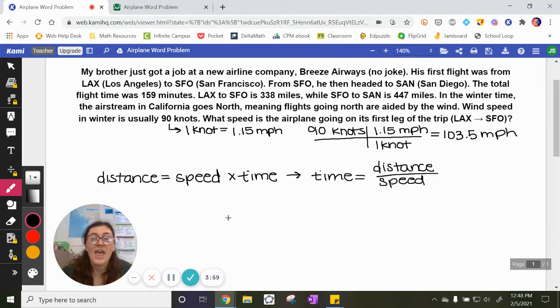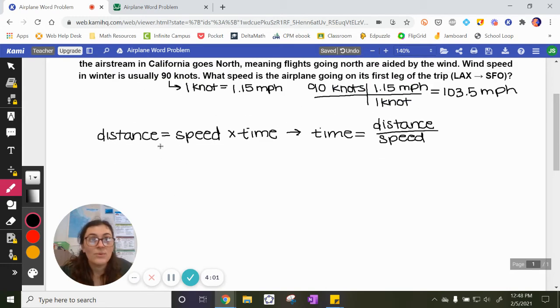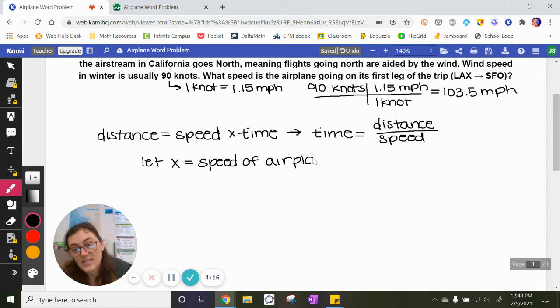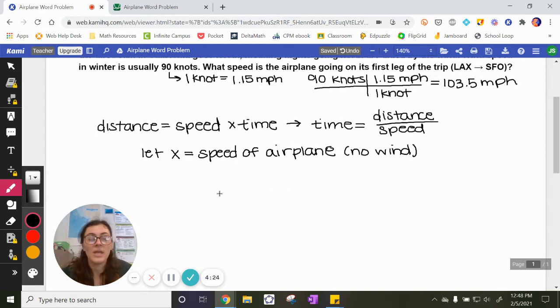Okay. And then I'm just going to let x equal the speed of the airplane. So on our last one, we had the x was the speed of the current, but this time I want it to be the speed of the airplane. So let x equal speed of airplane. And I'm talking about its natural speed if there was no wind. Cool.